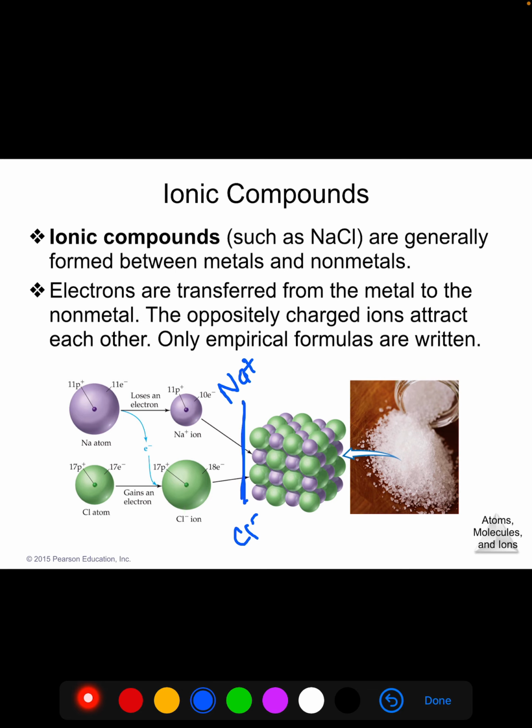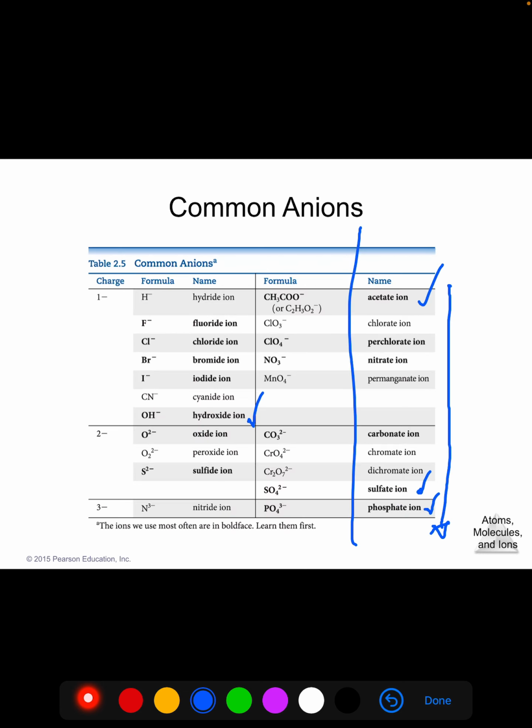They attract, and they come together to form a complex, and this is the structure of salt. They pack in together. We write it as NaCl, sodium chloride, and we name it sodium chloride. Remember the chlorine -1, the anions, when we form them from elements, we change the ending to "ide."